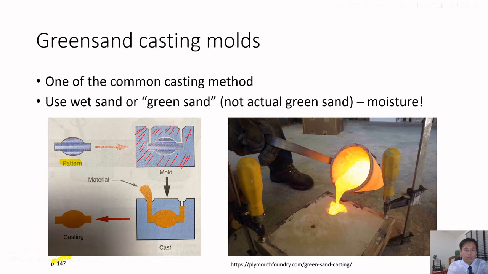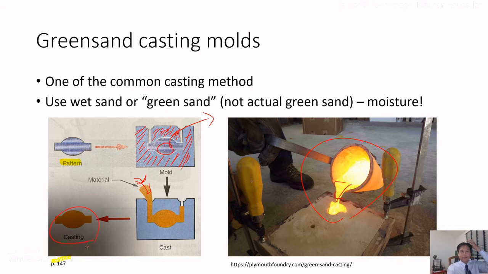So the engineer or technicians developed this method to create this mold, and then next take out this pattern, and then they pour the molten material such as molten metal or plastic, like this picture. So pour the metal inside, and then they cool down, then create this final product.